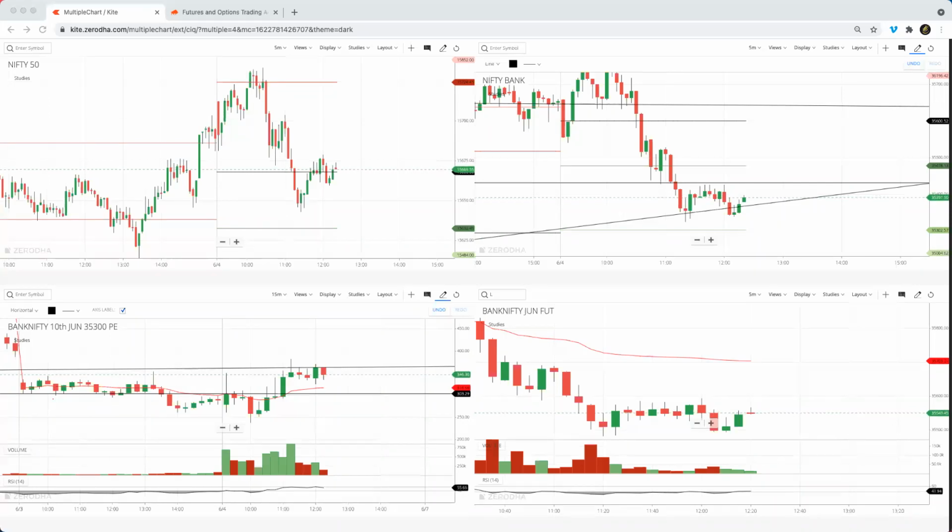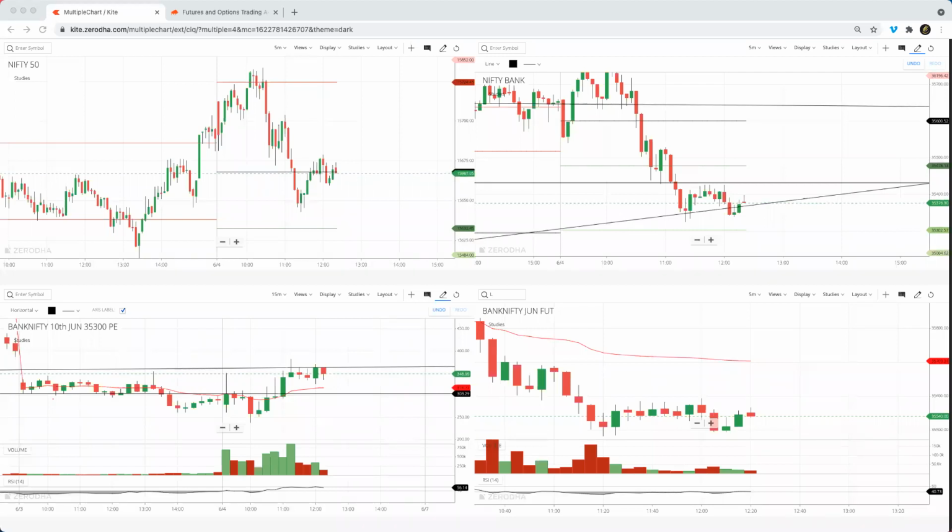So I'm going to initiate. I was working on a weekly spread for the coming expiry.